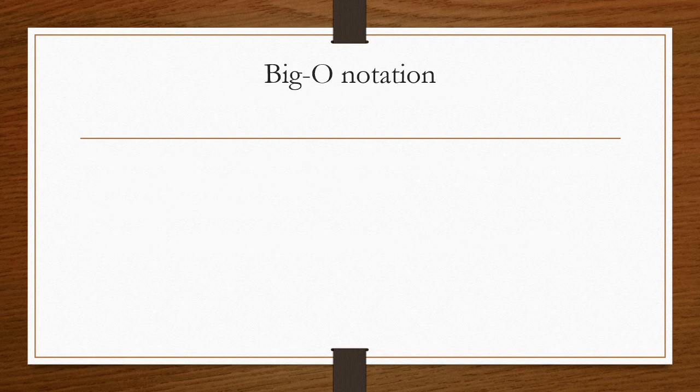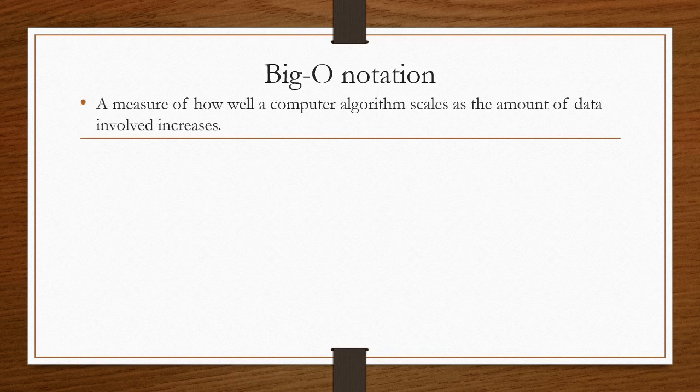The next topic is Big O notation. What is Big O? Big O notation, with a capital letter O, not a zero, is also called Landau symbol. It is a symbolism used in complexity theory, computer science, and mathematics to describe the asymptotic behavior of functions.